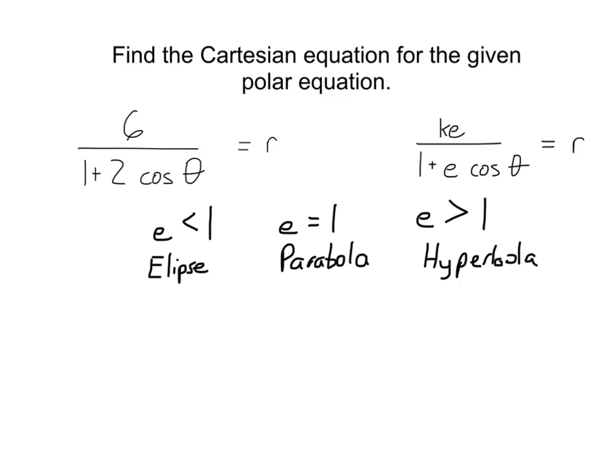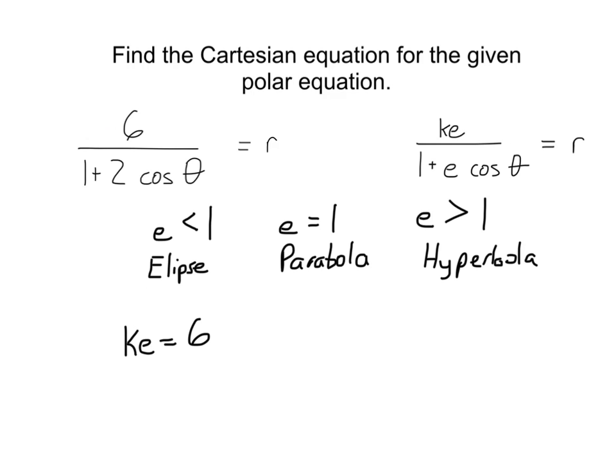So that being said, we said that our e is 2, and the top of this fraction is ke equals 6. We just pulled that from the top up here. That's where the 6 comes from.